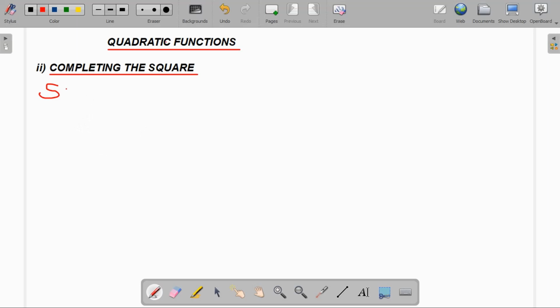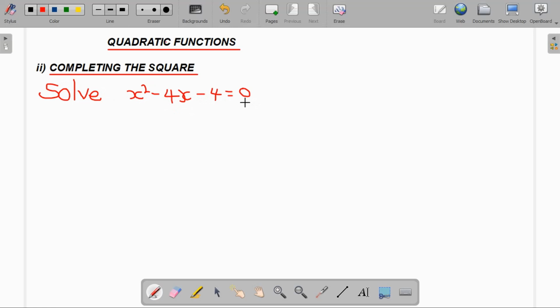For example, they have given you: solve x square minus 4x minus 4 equals 0. This is what they have given us.